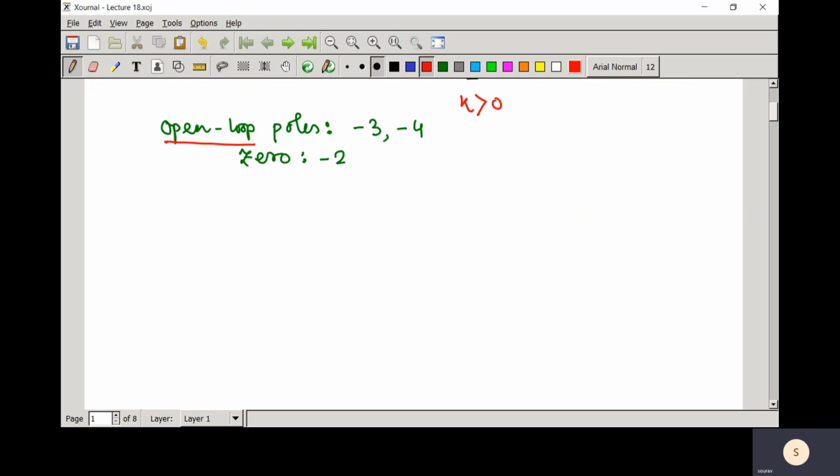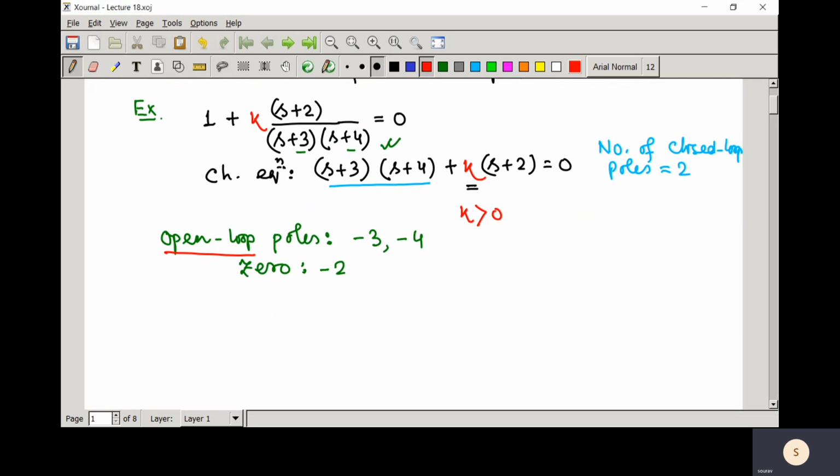So here we are interested in seeing the location of the closed loop poles when K equals 0 and K equals infinity, because K is varying from 0 to infinity.